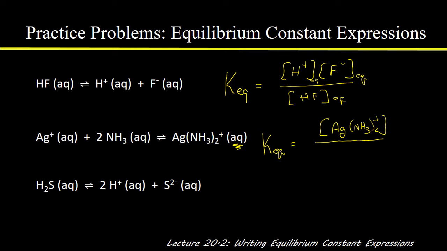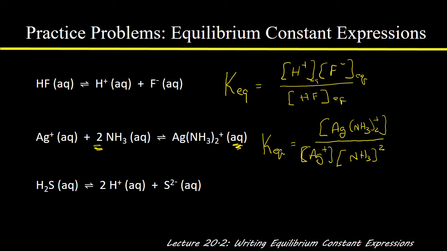Again, that would be concentration in molarity, but without units. And in the denominator, I have a concentration of silver and the concentration of ammonia. What's different here is we finally have a stoichiometric coefficient that's not a 1. So since there are 2 moles of ammonia, we need to raise that one to the second power.